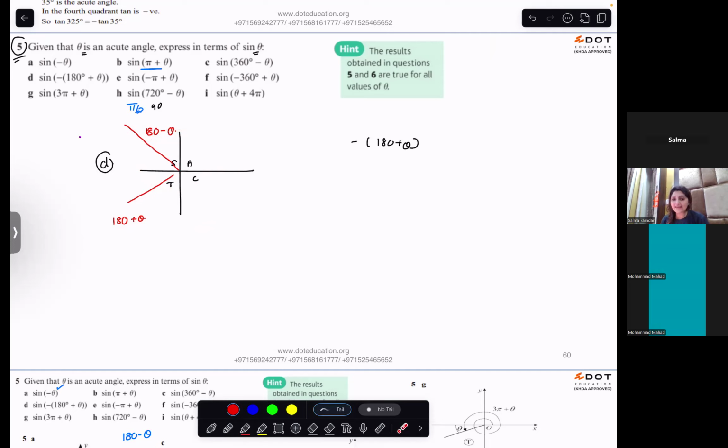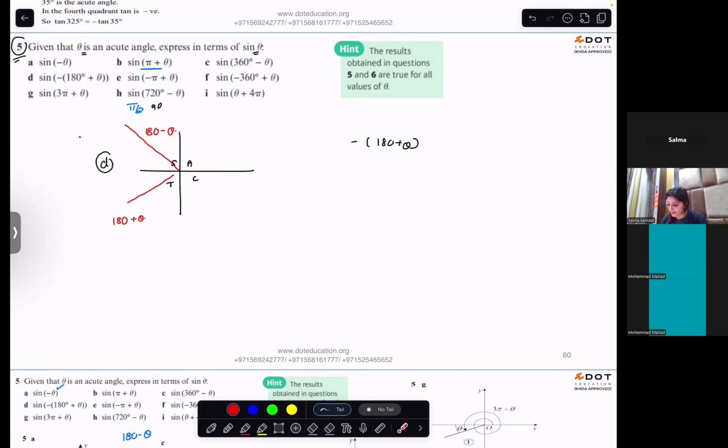Anti-clockwise. So I will go anti-clockwise and I'm going to stop at the 180 plus theta line. I'm not going this way, but rather this way.